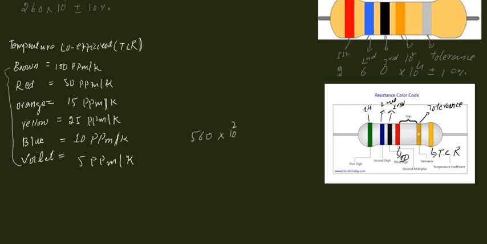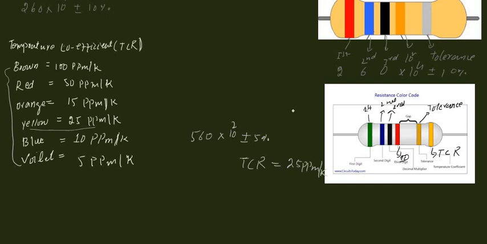The fifth band has a gold color, so the tolerance is plus minus 5%. The sixth band is a yellow color, and it shows the temperature coefficient of this resistor, which is 25 parts per million per Kelvin.